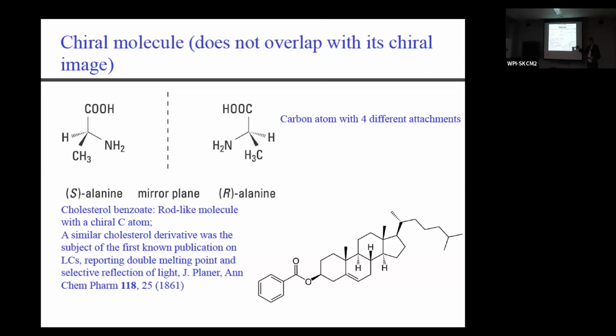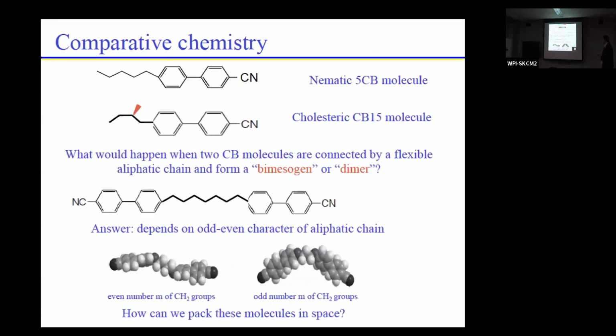We saw blue phases. We saw twist grain boundary phases. But what's interesting is that even when you have perfectly mirror symmetric building blocks, the chiral organizations can emerge at the mesophase state as well.